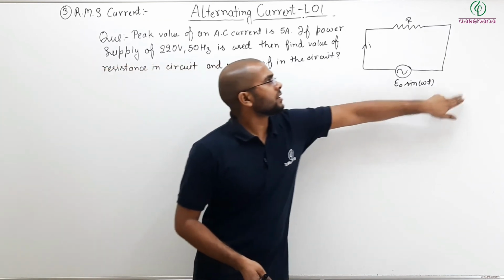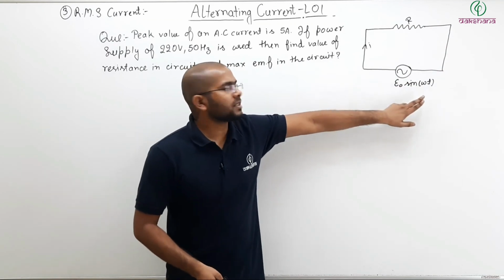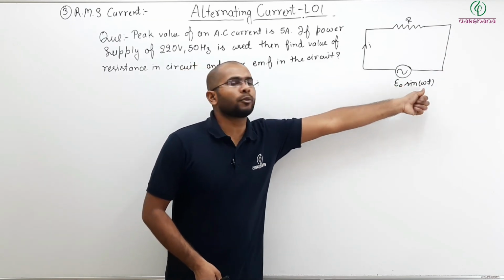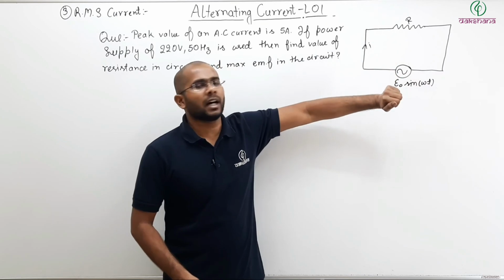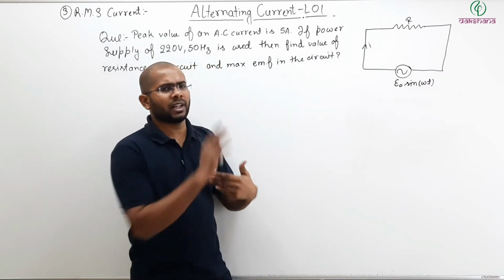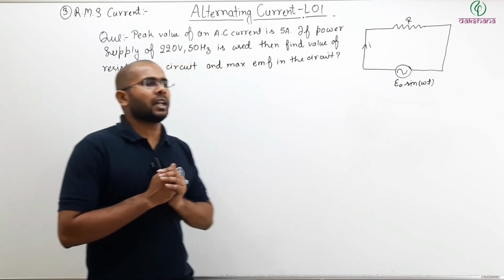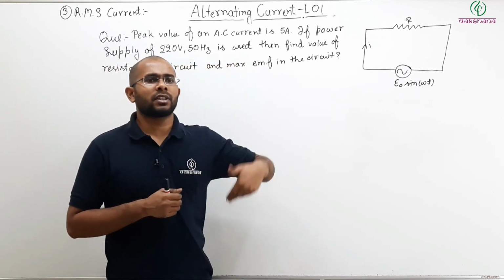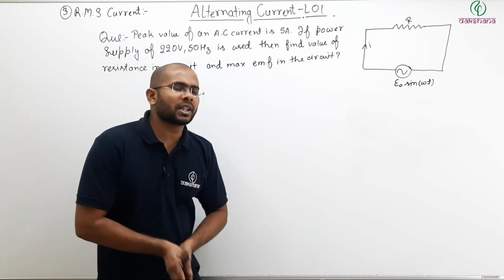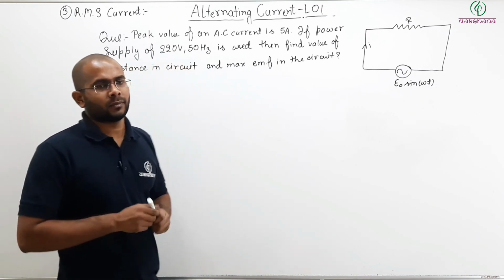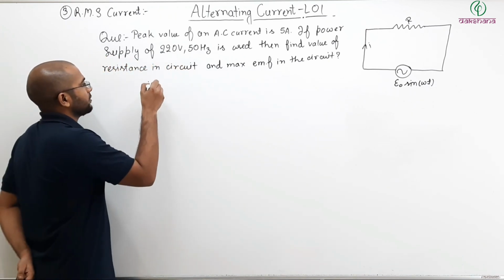So here this is your circuit. Here it is power supply of E0 sin omega t, and here it is R resistance, and some amount of current I is flowing. Now if you remember, whatever we have calculated IRMS for the current, same can be applied on voltage also.